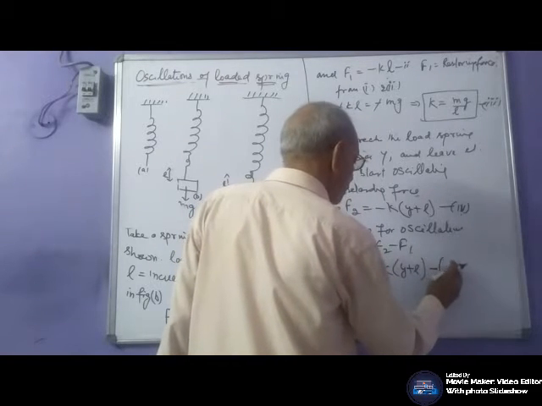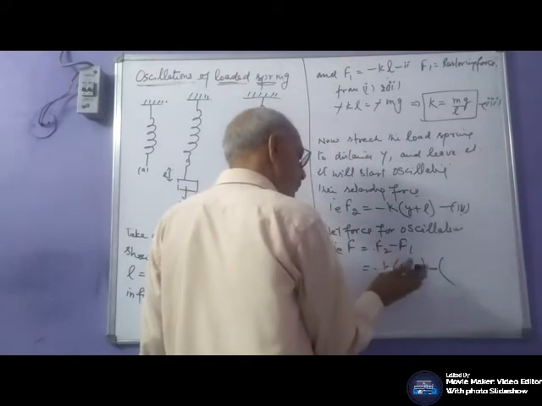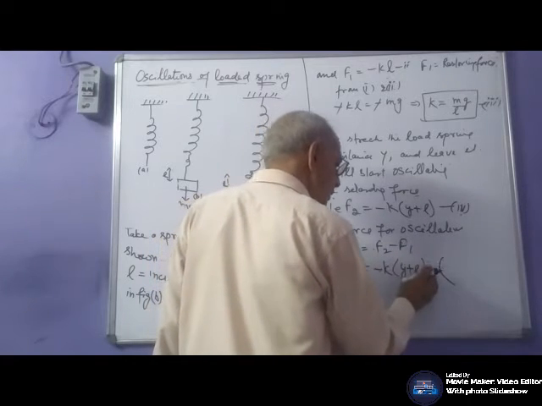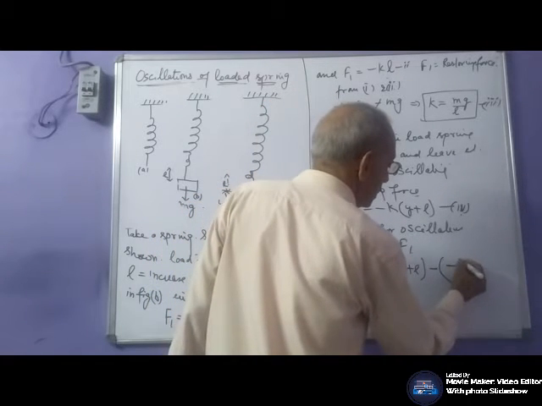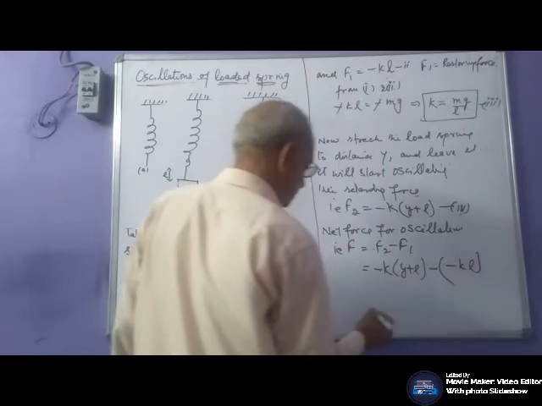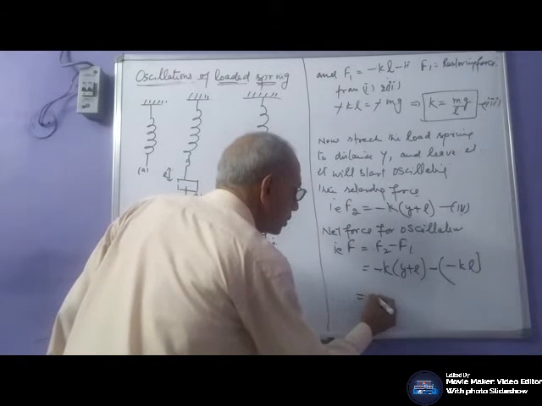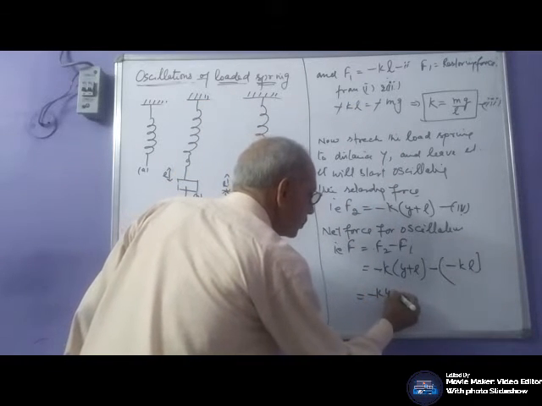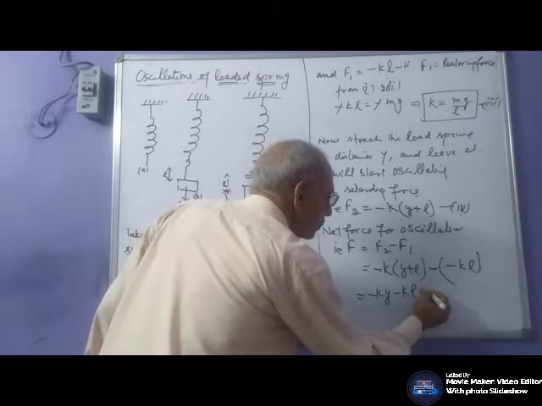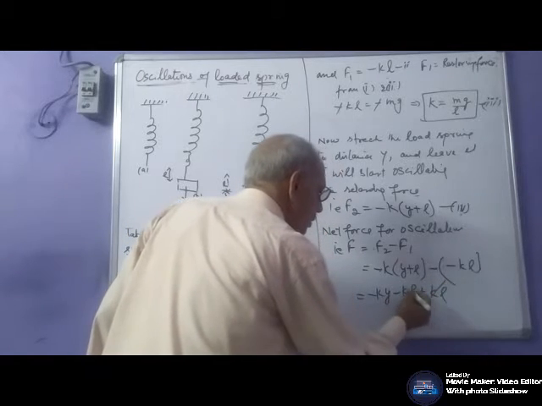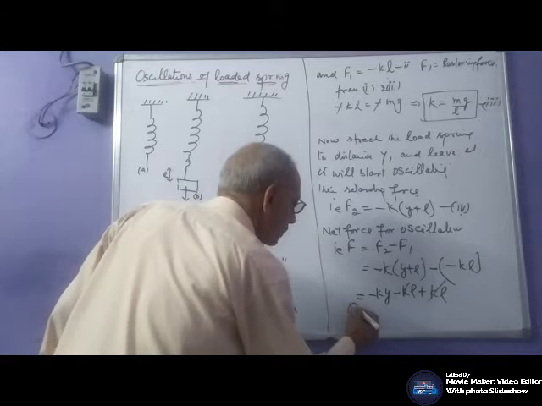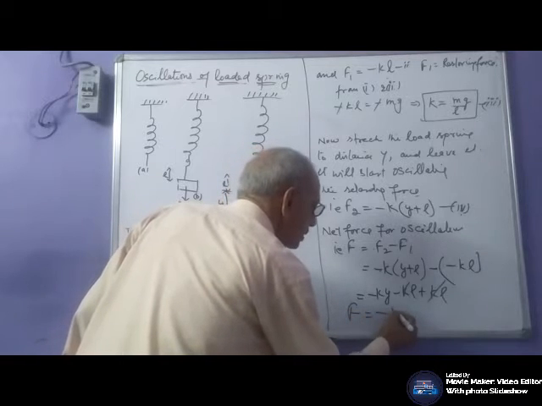So F is minus KY minus KL plus KL, or F equals minus KY.